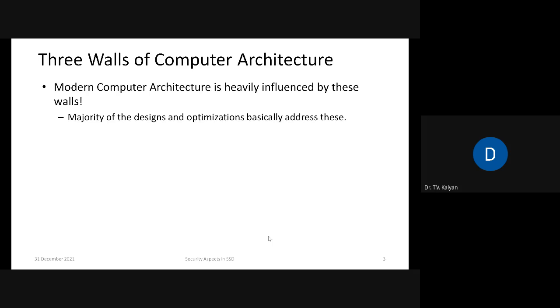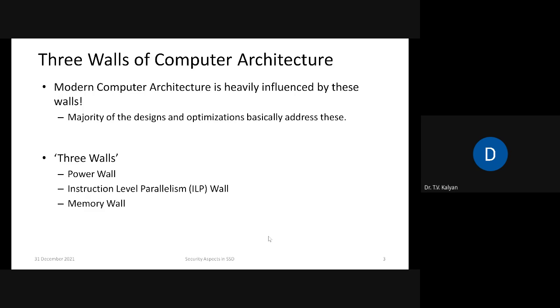Majority of the designs that we see today, both designs and optimizations, are basically trying to address these walls and trying to give a product which has decent quality of service. The three walls are named power wall, instruction level parallelism ILP wall, and the memory wall.